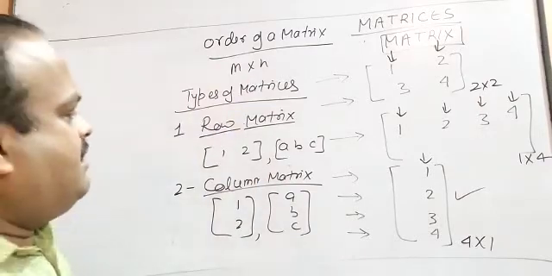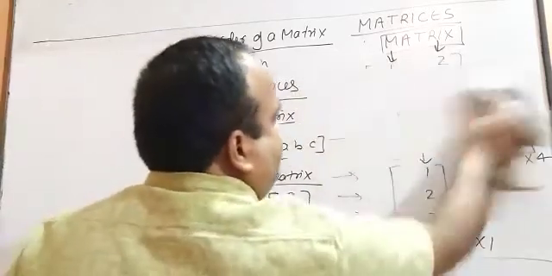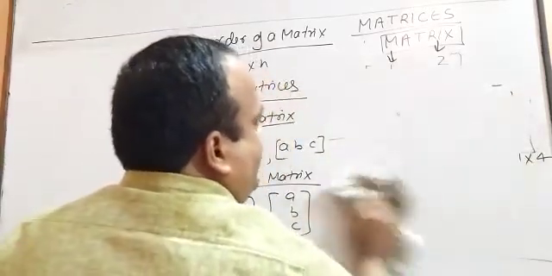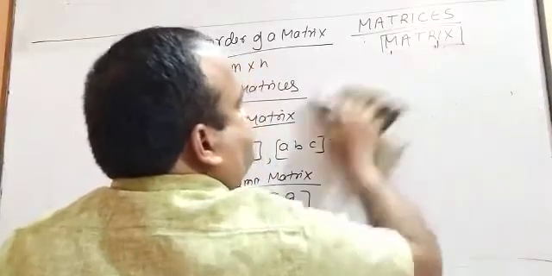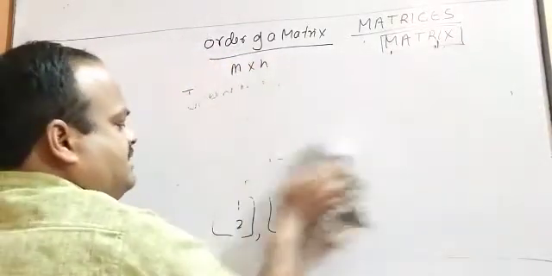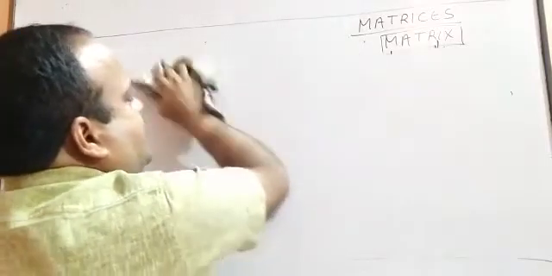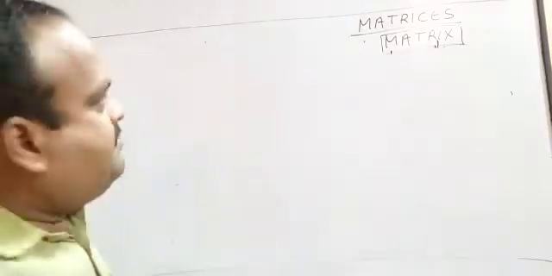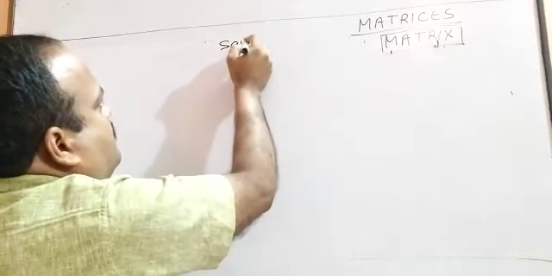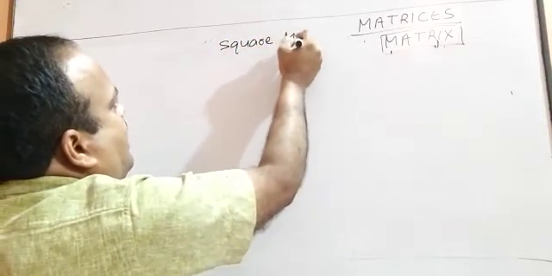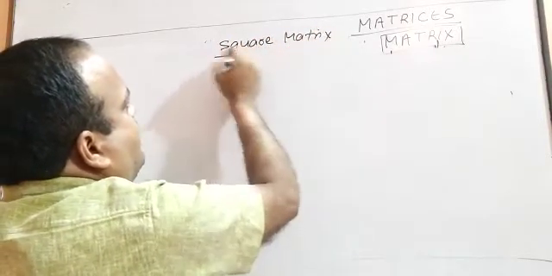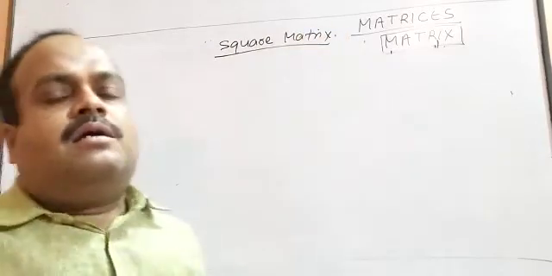Now next example, after row and column: square matrix. My dear students, a matrix is said to be a square matrix if the number of rows and the number of columns in it are the same.